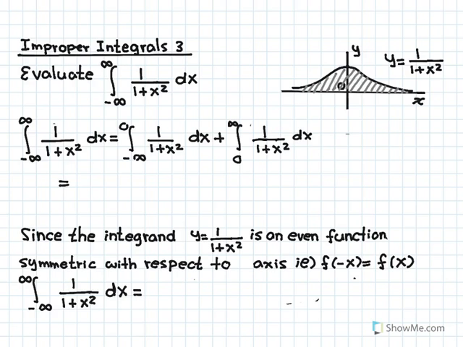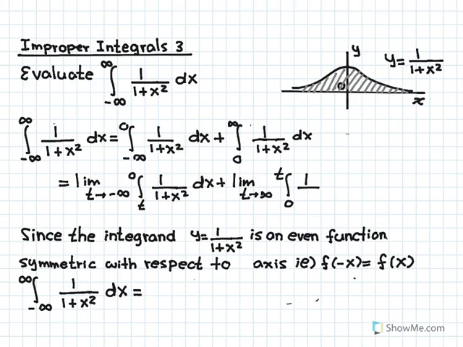So let's apply improper integrals. Rewrite this as the limit as t goes to minus infinity of the integral from t to 0 of 1 over 1 plus x squared dx, plus the limit as t goes to infinity of the integral from 0 to t of 1 over 1 plus x squared dx.